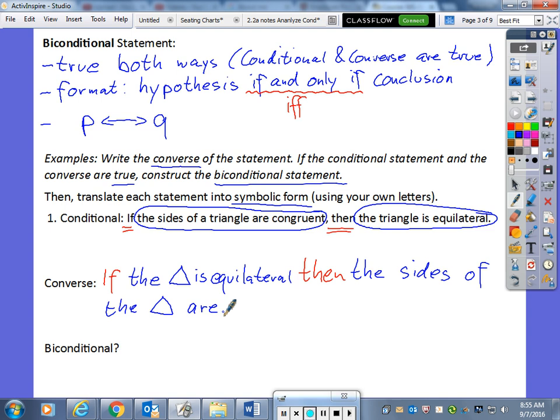And I'm already using some symbols here that we're going to continue to use in geometry further as we move along.